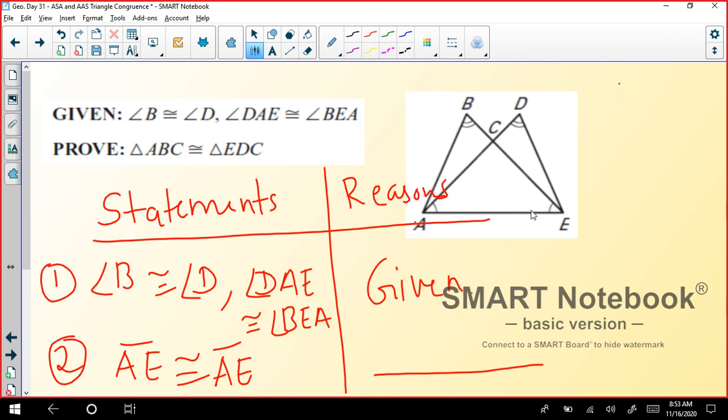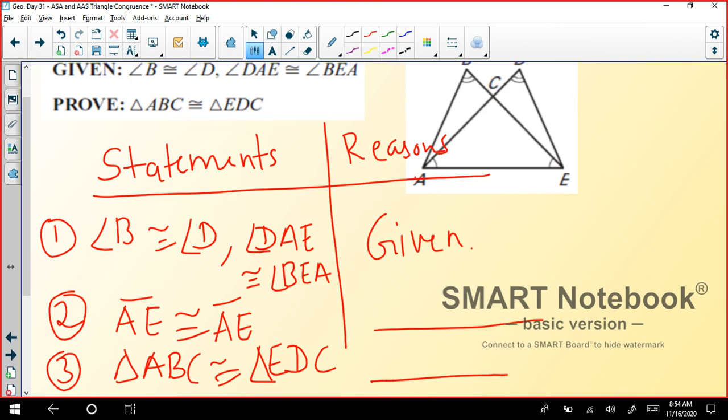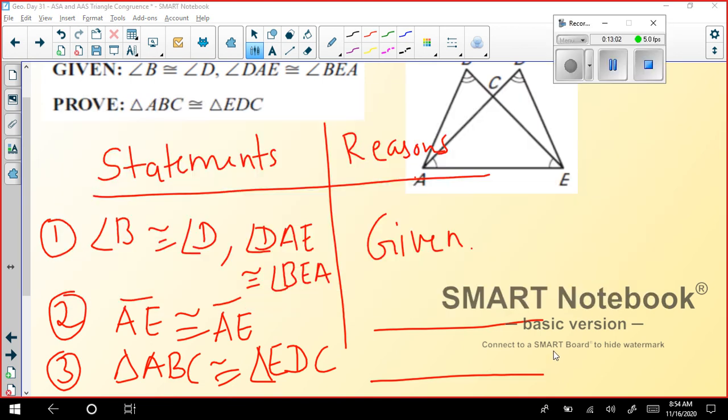And I have two angles and then a side, so I'm just concluding triangle ABC is congruent to triangle EDC. Use your chat and list the reasons for second and third step.